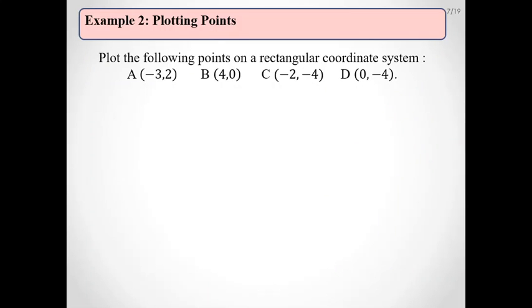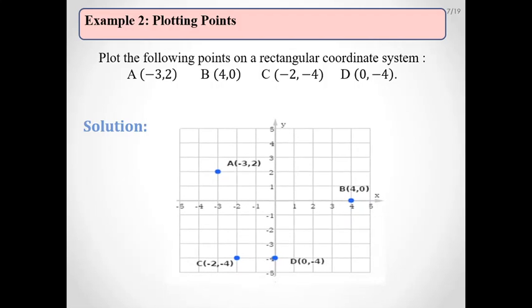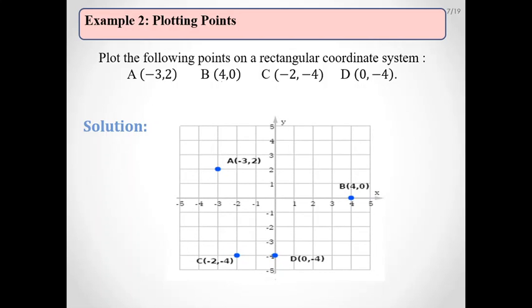Plotting points: put the following points on a rectangular coordinate system. 4, 0. 4 is the x component, and y is equal to 0. You find x equal to 4 on the x-axis and y equal to 0 on the y-axis.